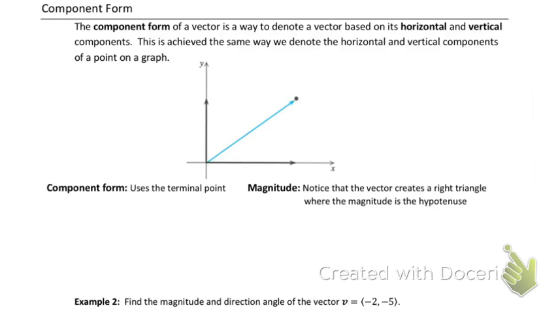For vectors, we're going to call it a, b instead of x, y. And instead of parentheses, vectors get their own special symbols.